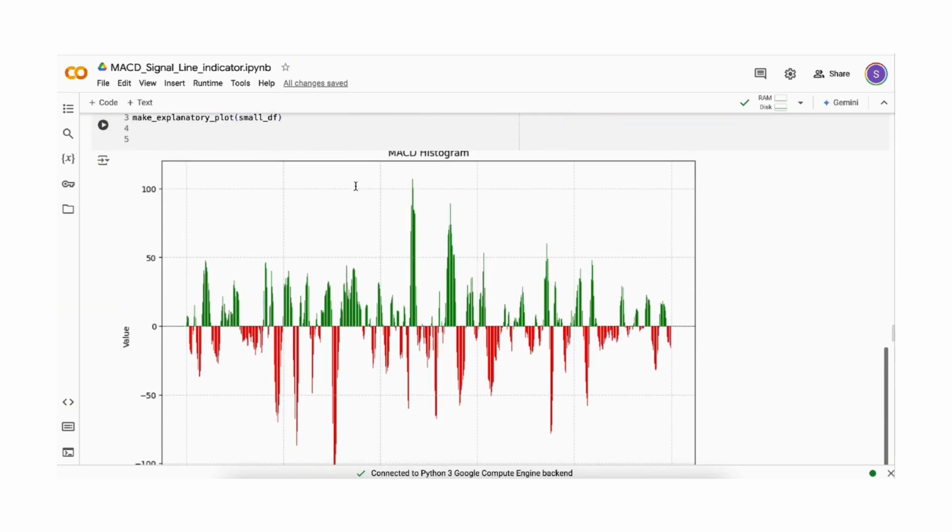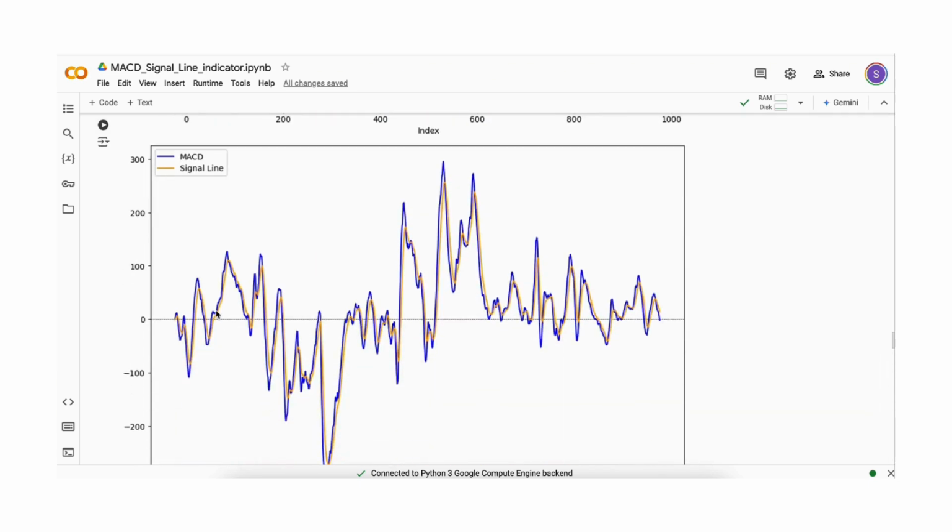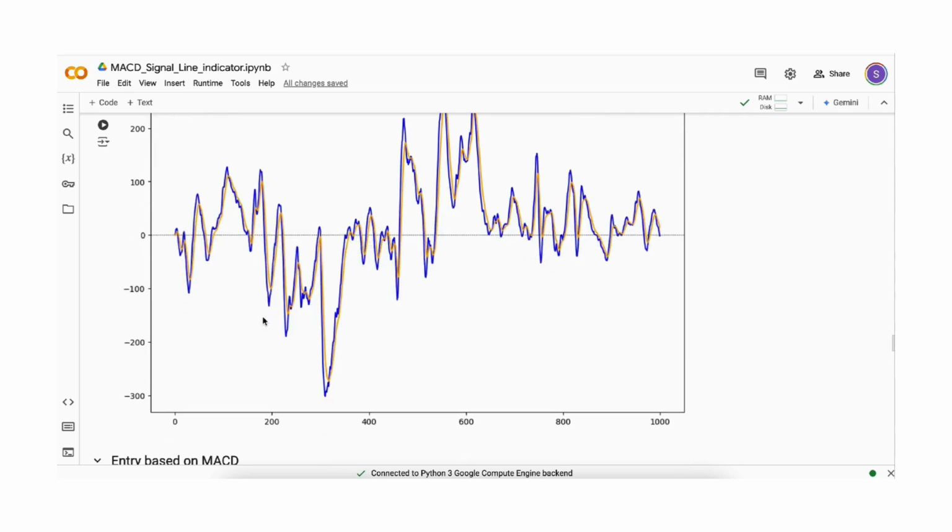So we get a more granular MACD, which changes values a lot between the green and the red, and it's harder to visualize, which is why I went to the illustrative plot. And here you can see the orange, the MACD, and the signal lines for the default calculation.